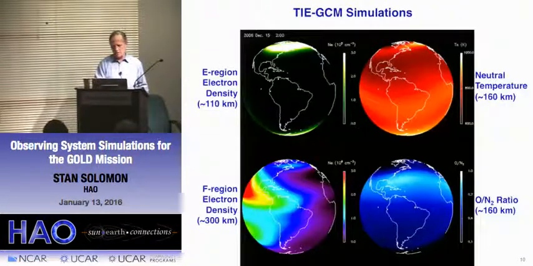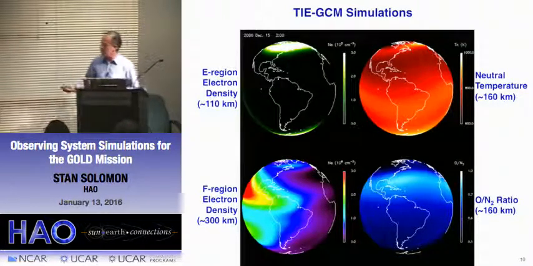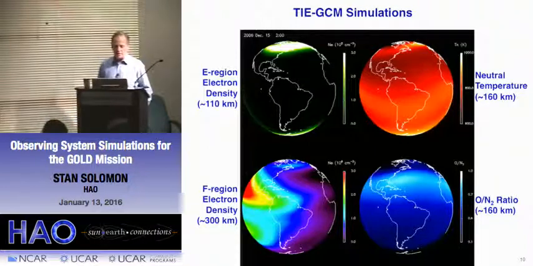Now, if you could see everything all the time, you would see perhaps the E region of the ionosphere, where the aurora is predominant, the neutral temperature, the composition, and the F region electron density. These are the main things we're going to measure from GOLD.